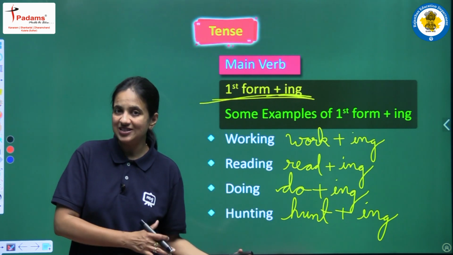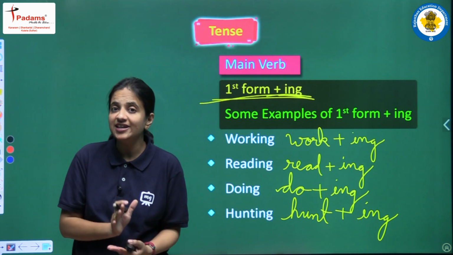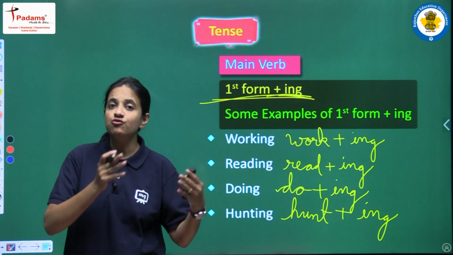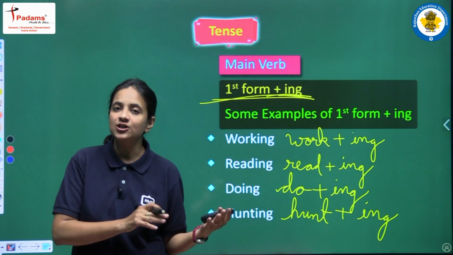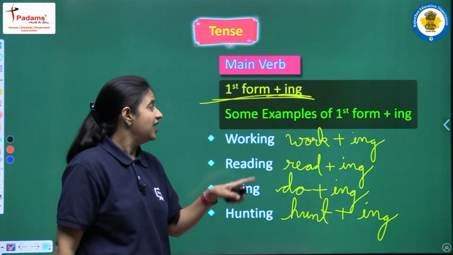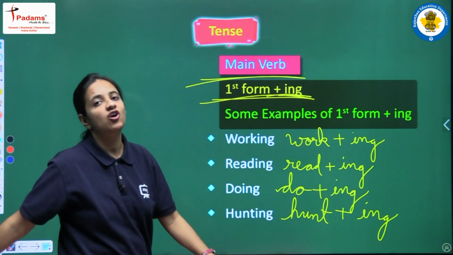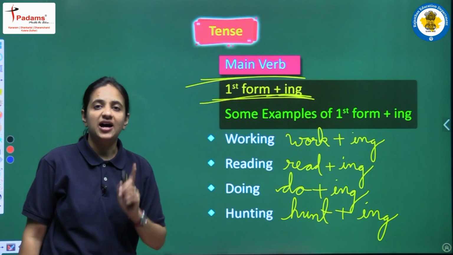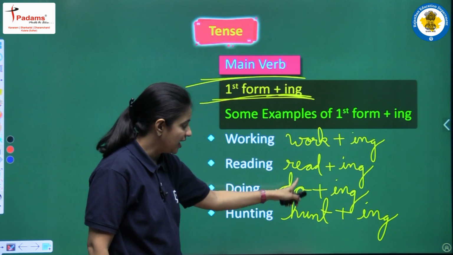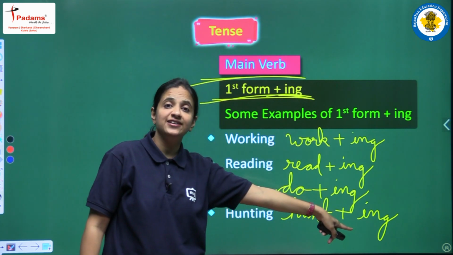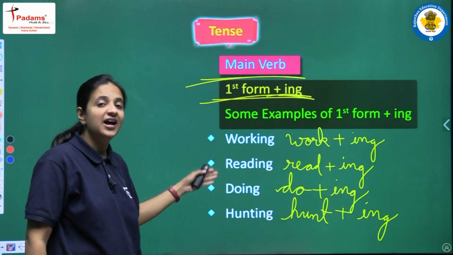Was is used for singular subjects, were is used for plural subjects, and the thing we have to be very careful about here is that we always use was with I. We don't use the plural helping verb with I; we use the singular helping verb with I. And for the main verb, just remember that in all the continuous tenses we always use first form plus ing. So in past continuous tense also we will use first form plus ing. In this way we have to write the first form and add ing along with it. So the new words that we will have will be like this.